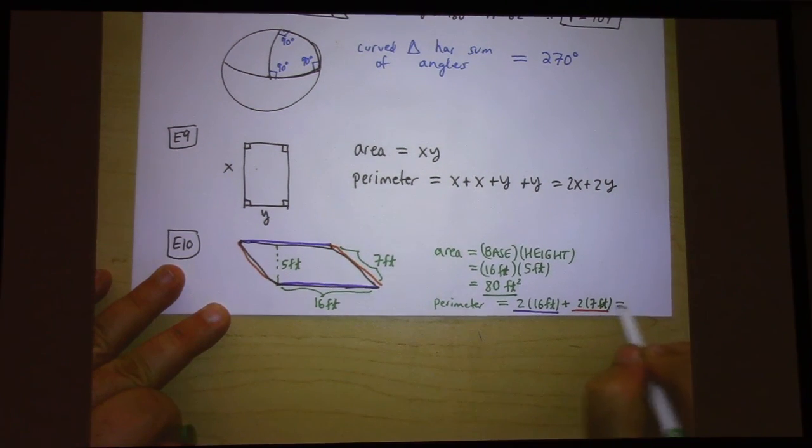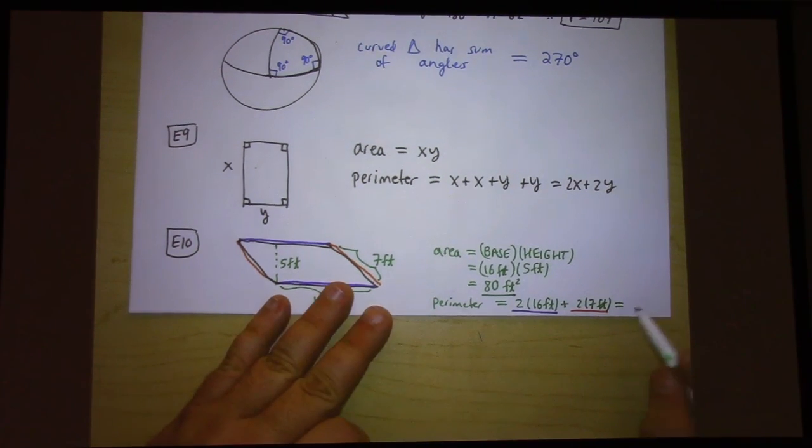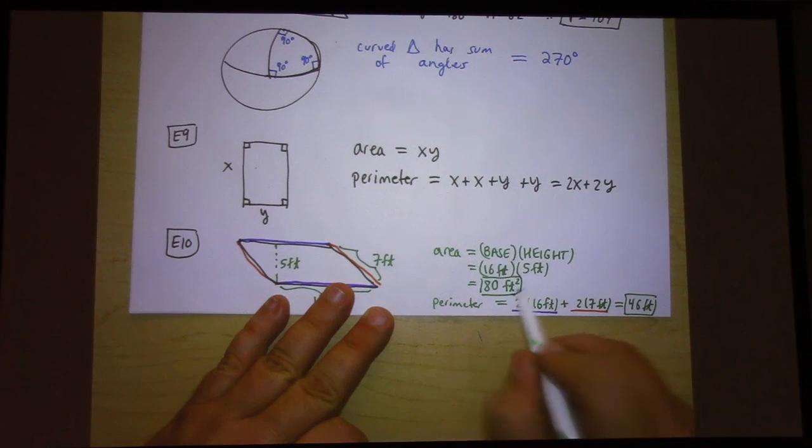So what's the perimeter? You add those together, you got 32 plus 14, which is 46. 46 feet is the perimeter. So those are kind of fun.